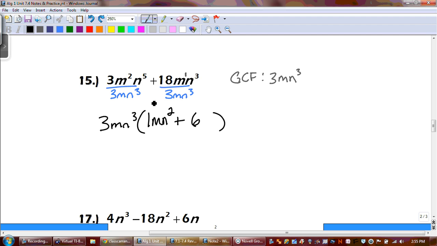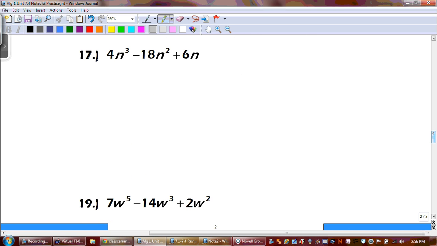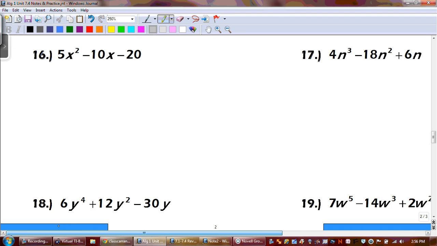So then our final answer is 3mn cubed times (mn squared plus 6). Okay? Remember, the GCF is out front, and then the remainder is in the parentheses. All right.